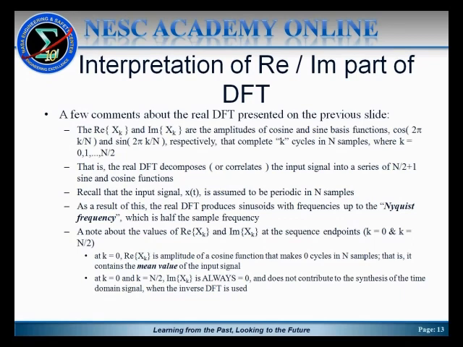And recall that the input signal we're talking about here, x sub t, is assumed to be periodic in capital N samples. As a result, one restriction that's key to this, and we'll touch on it at the end of this presentation, is that the DFT produces sinusoids with frequencies up to what is called the Nyquist frequency. The Nyquist frequency is defined as half the sample frequency.